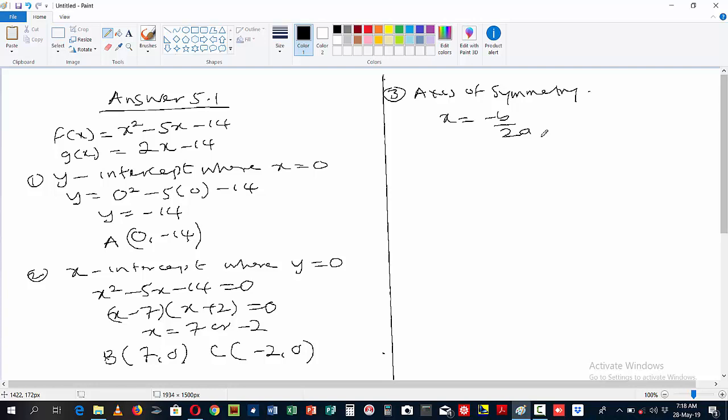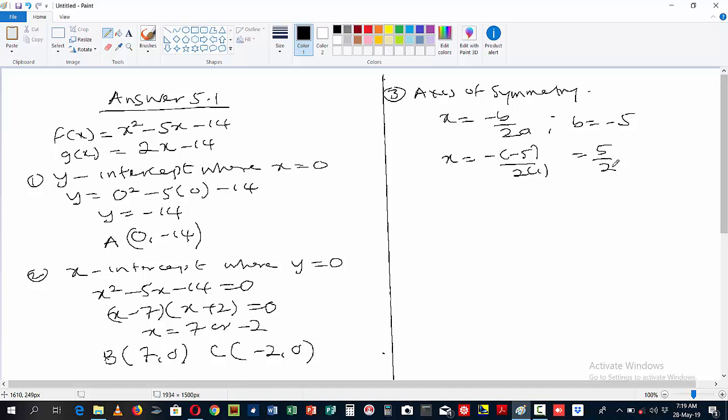We can see that our original equation is x squared minus 5x minus 14. So which means our b is equal to minus 5. Now we can say x is equal to minus (minus 5) over 2 into 1, because our a is 1. Therefore, this is going to give us 5 over 2.